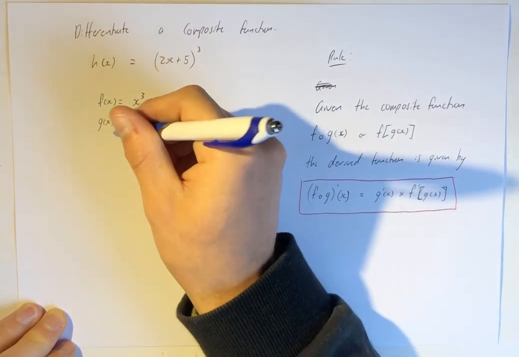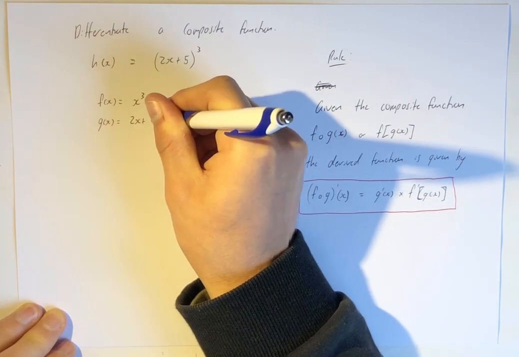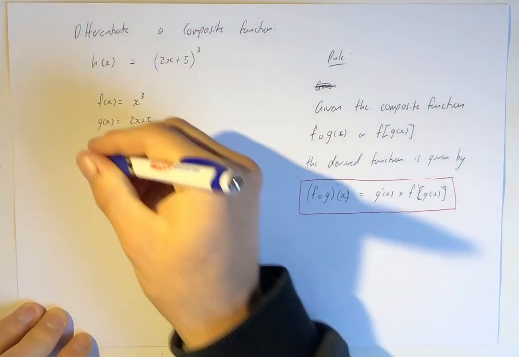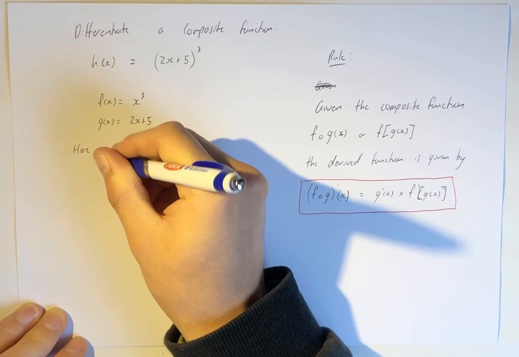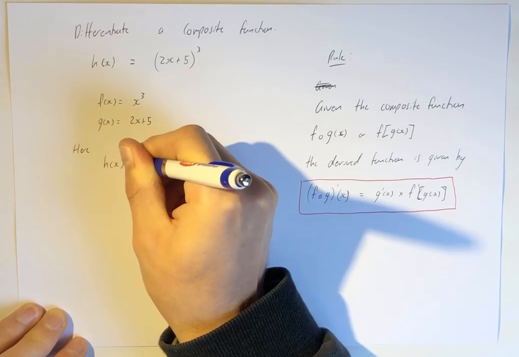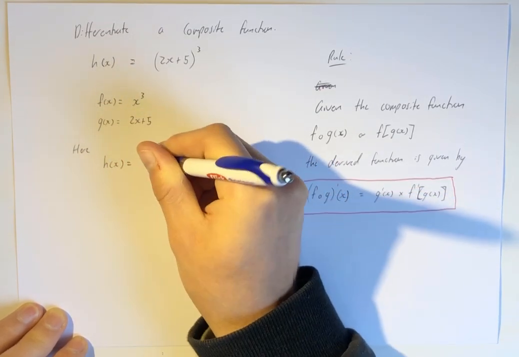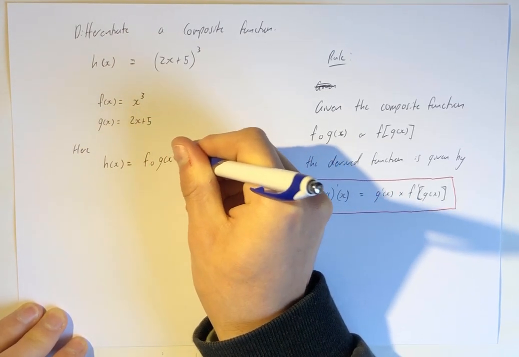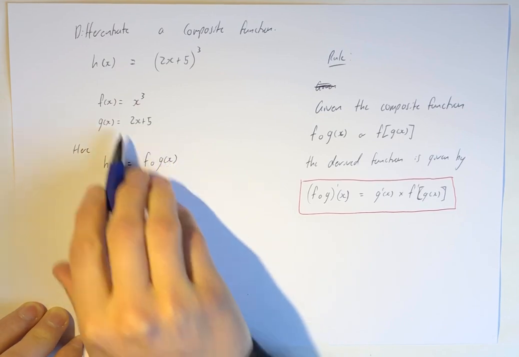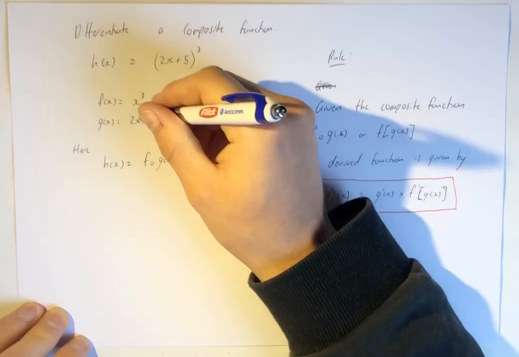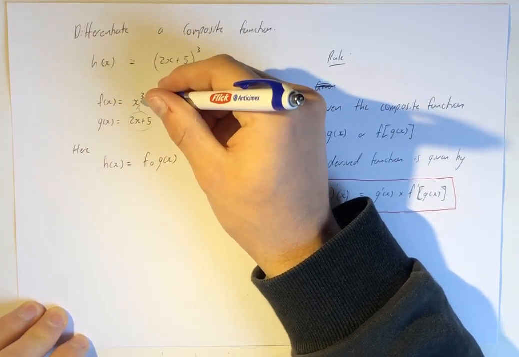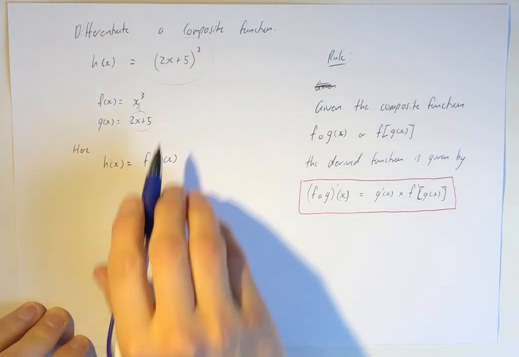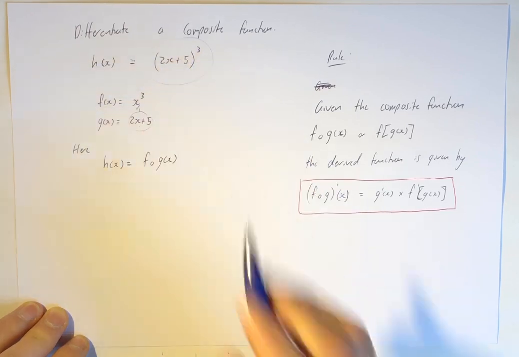So it is 2x plus 5. And so here, h of x is actually f composed of g of x, because if I take this and I put it into that function there, this is my outputted function. So h is actually a composition of two functions.